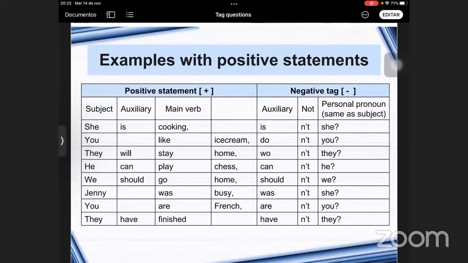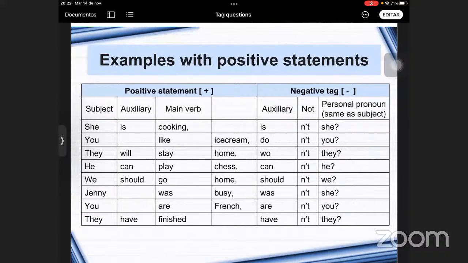Remember, guys, if you start with a positive statement, the tag question should end with negative. Okay? And something that you have to take into consideration is when using the negative at the end in the tag question, use the auxiliary of the grammar tense, but in contraction in negative. So take notes on this.